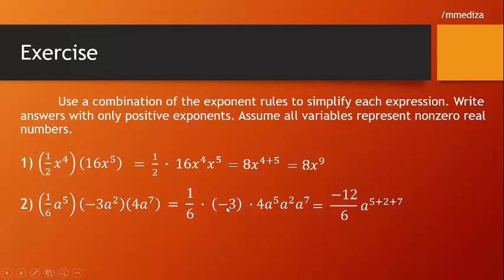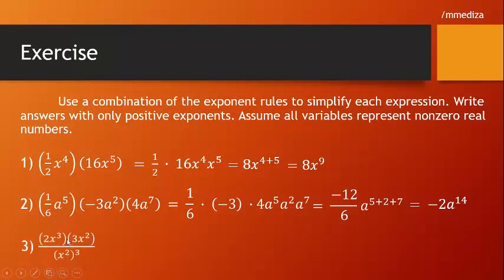Negative 3 times 4 is negative 12, then copy 6 since there is no other denominator. Then we can just add the exponents of our variable. So therefore, our answer will be negative 2a raised to 14.